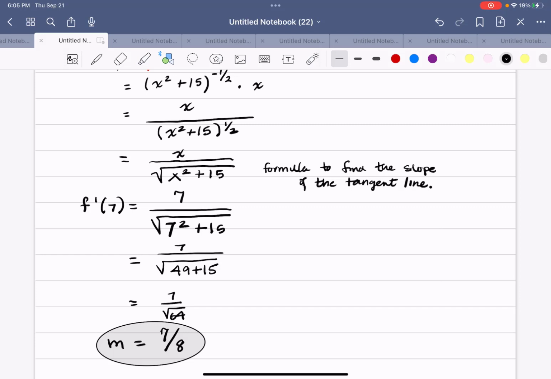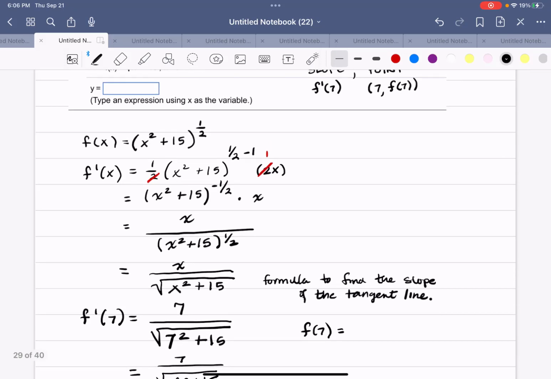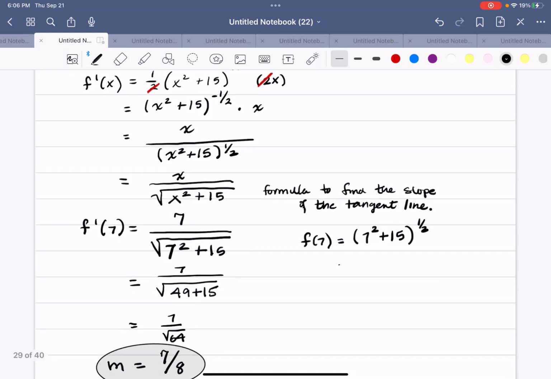Now remember, we also have to have a point. So we've got to find f of 7 so that we'll have the y-coordinate of the point. So for this one, we're going to put it in the original. So 7 squared plus 15 to the 1/2 power, or square root, is the square root of 49 plus 15, which is the square root of 64, so that's an 8.